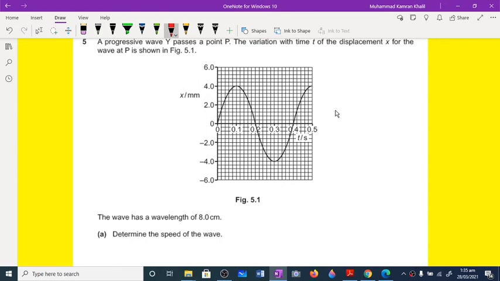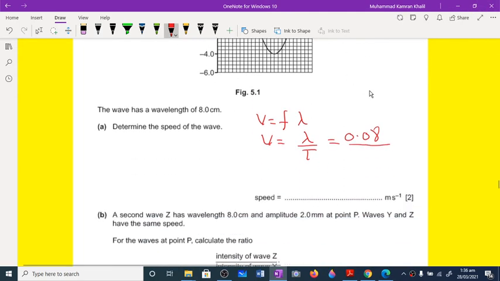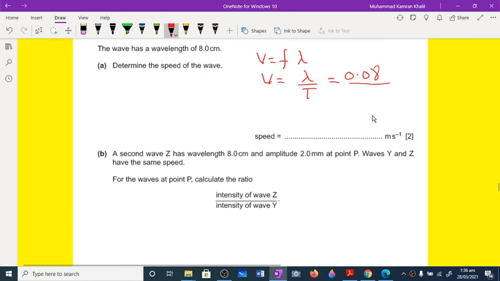Now, the formula for the speed is v equal to f lambda, or you can use v equal to lambda by t, because the value of lambda is given as 8 centimeters, so it will be 0.08, and the time for one complete wave is given as 0.4. So, the easiest question: 0.08 divided by 0.4, and then you will get the answer 0.2 meter per second.